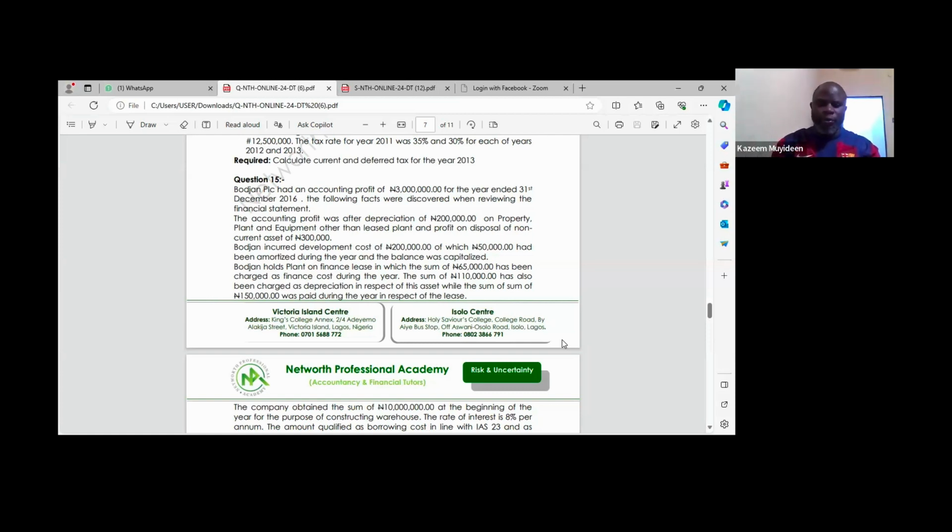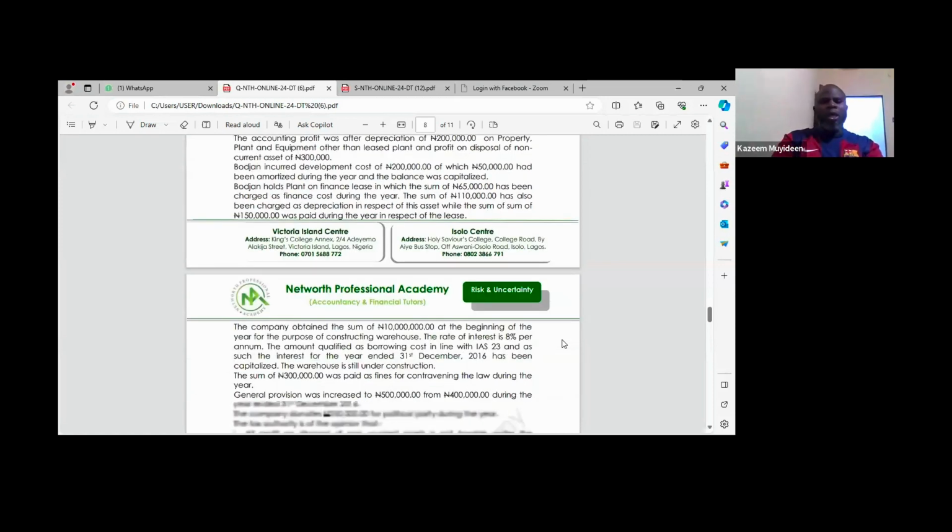Then go for the plant and equipment. Bojan incurred development cost of 200,000, of which 50,000 has been amortized during the year, and the balance was capitalized. Let us see what the tax people say about development costs.